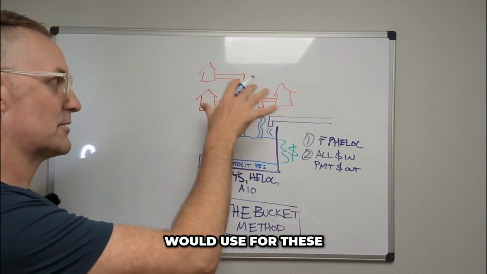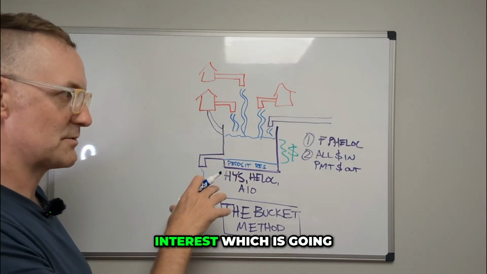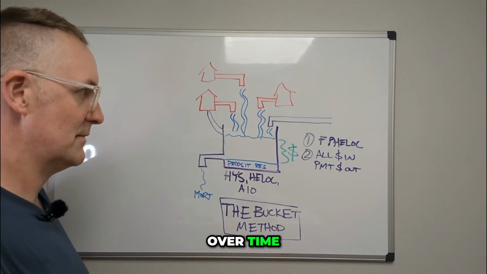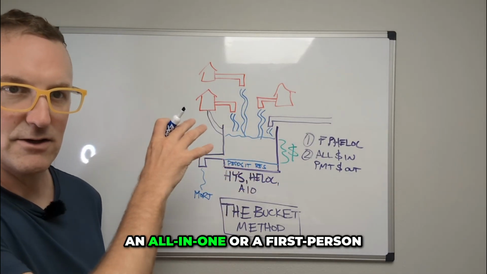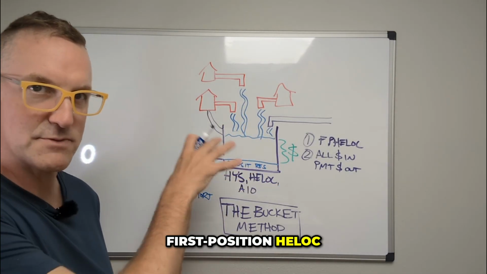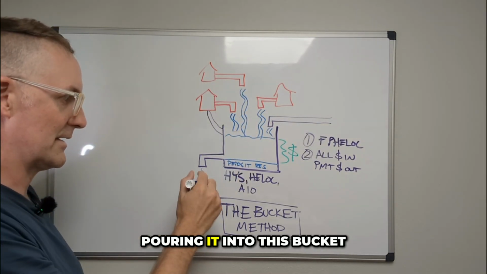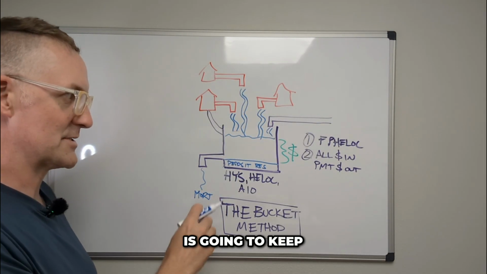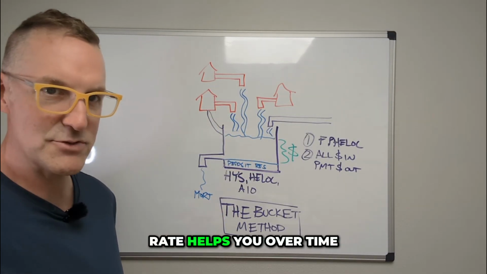Any money that you would use for these properties, you store in here to get that extra interest, which is going to, again, add up over time. So structuring your deal to incorporate an all-in-one or a first position HELOC. Number 2, taking all of your money, pouring it into this bucket, paying out your mortgages on the bottom is going to keep the maximum amount of money in here so that that interest rate helps you over time.